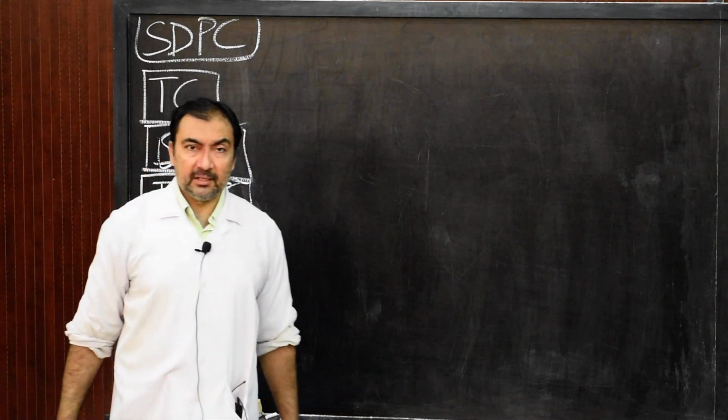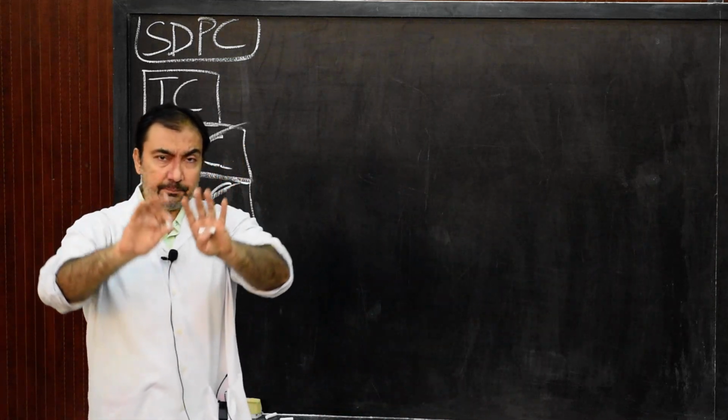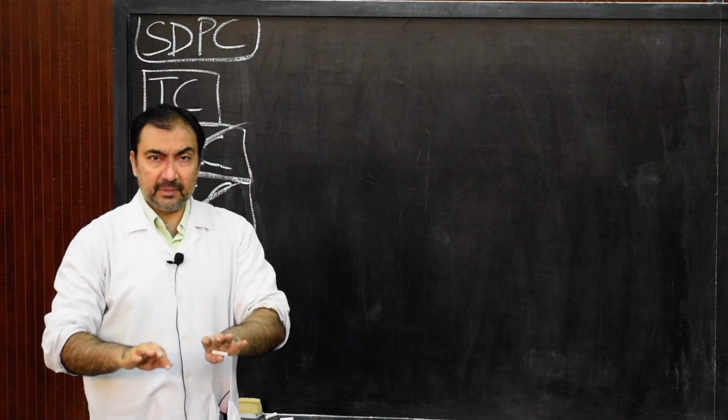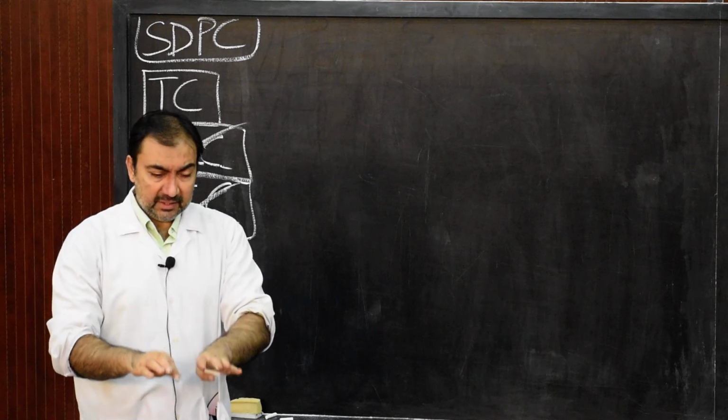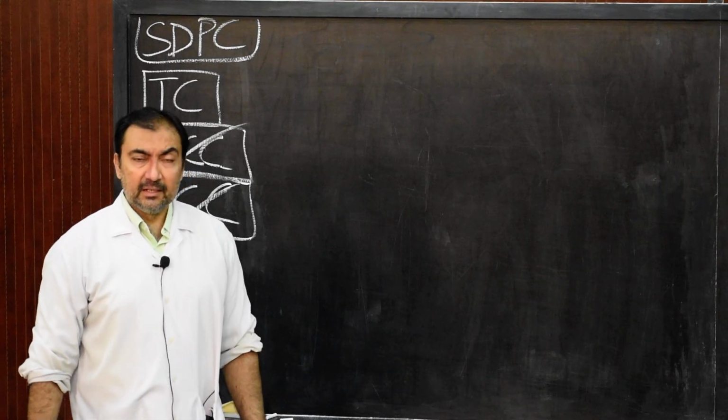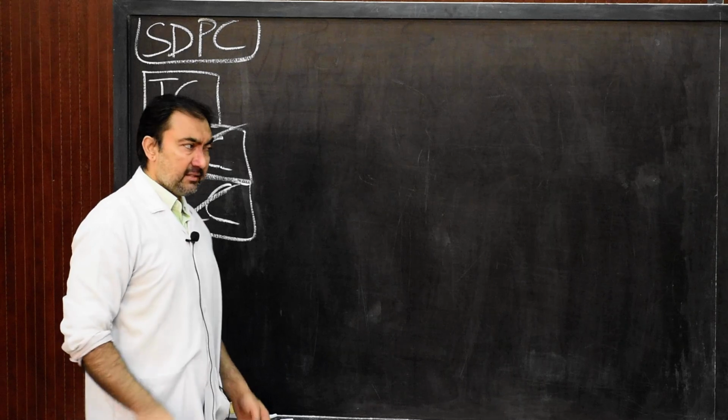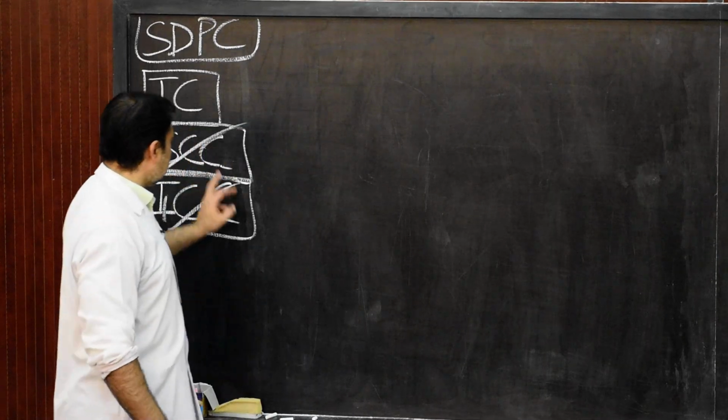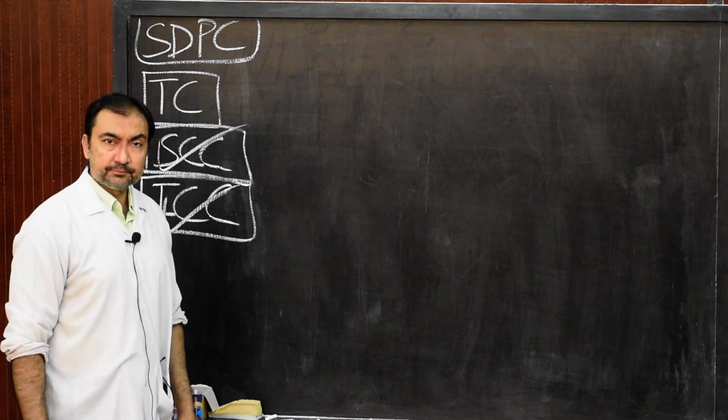Very simple. And below the infracolic compartment will be the pelvic cavity. Now we try and understand it in a simple manner. First we try and understand the supracolic compartment.